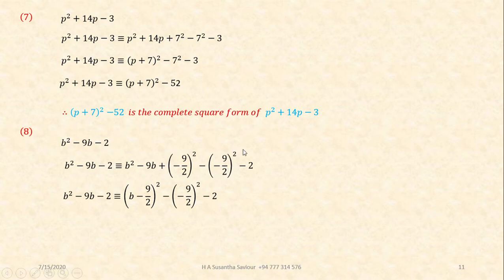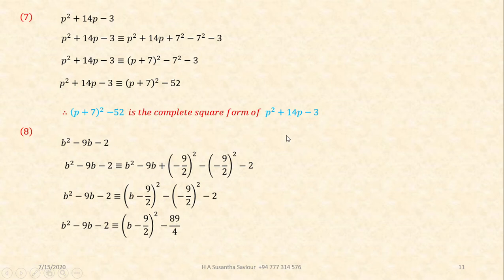And then the first three terms will always go inside the bracket as a complete square. So b minus 9 over 2 whole thing squared, this minus 9 over 2 squared comes here, and we can simplify this in this manner, 89 over 4.